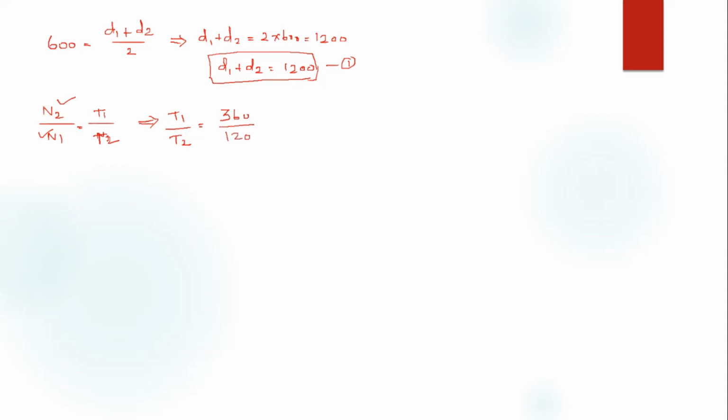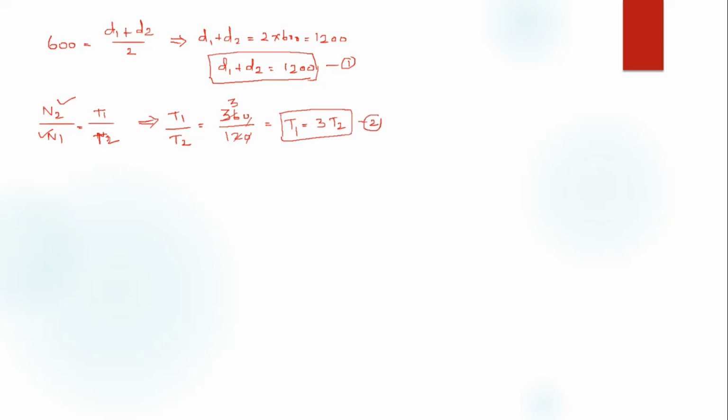So how much is this? 3 12s are 36. So t1 equals 3 times t2. This is another equation, clear?